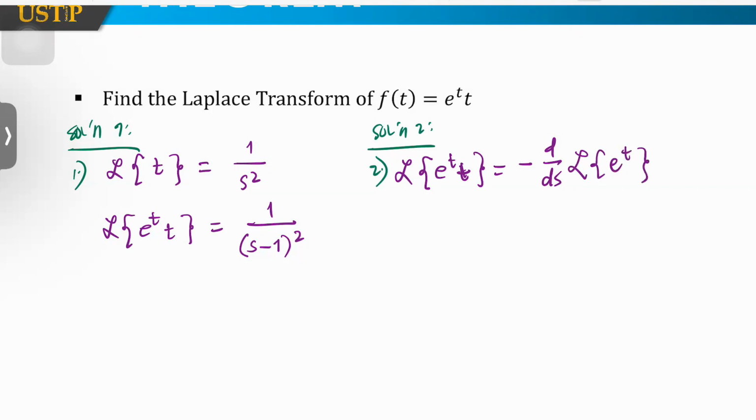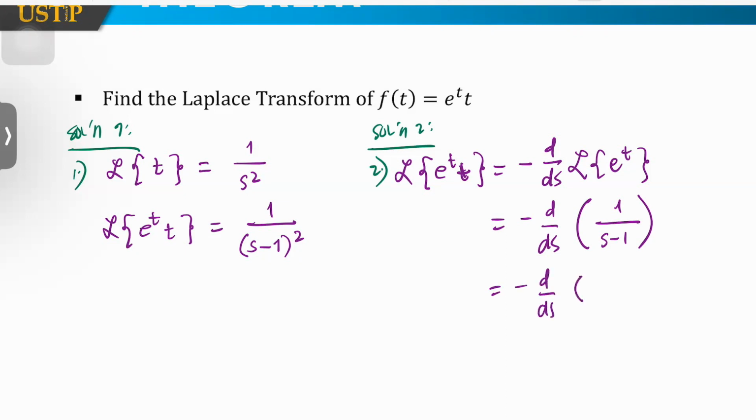Remember, what we take the Laplace transform of is the function that is multiplied by your t. So, the Laplace transform of e to the t, class, is 1 over s minus 1. This is the expression that we're going to differentiate.